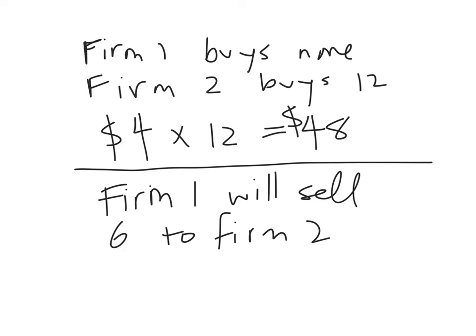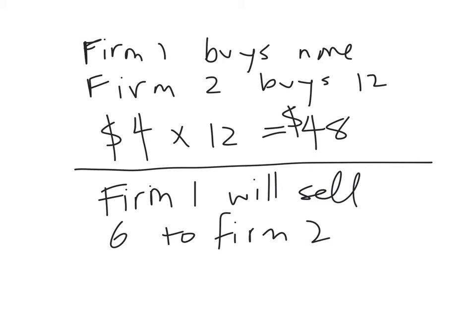But this part isn't too bad. We know that the pollution permit market is going to get us to the efficient allocation, and we know that the market's going to clear at that optimal marginal cost of cleaning up pollution at the receptors. I'm going to show you why it is in a second. But anyway, firm 1 will sell 6 to firm 2.